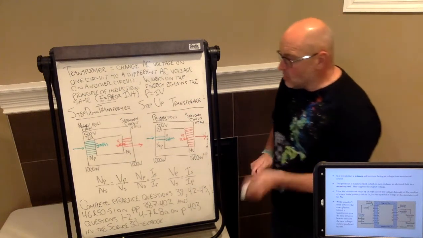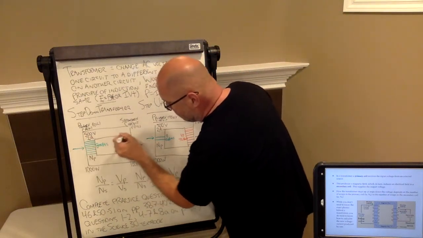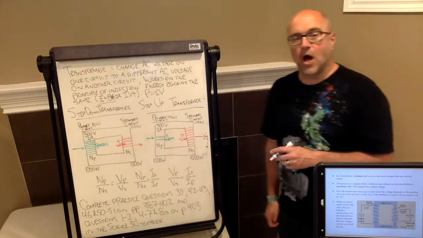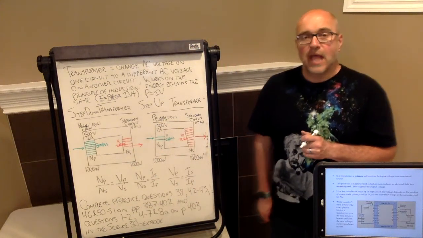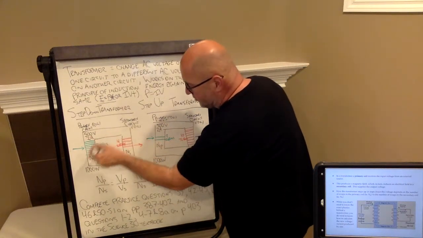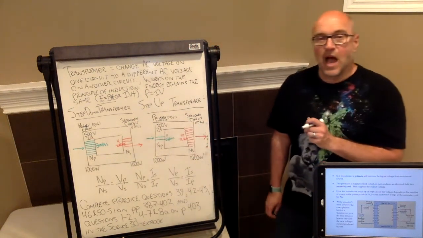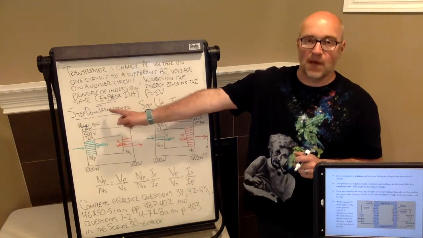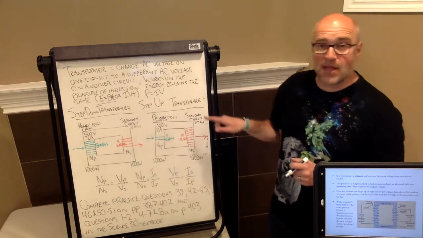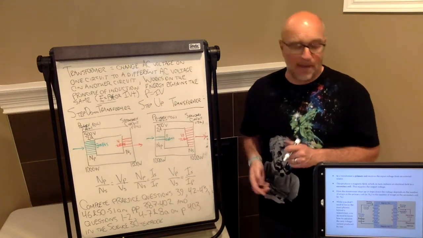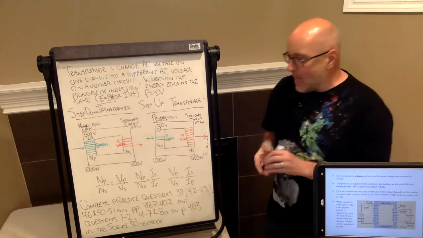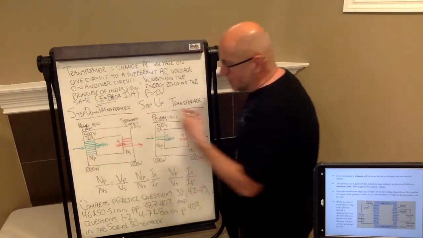What we do is wrap various amounts of coil on either side of the transformer. Depending on whether I have more coils to start and fewer to end with, or fewer to start with and more to end with, I'm either going to step down my voltage or step up my voltage through that process. So that's what a transformer generically looks like.